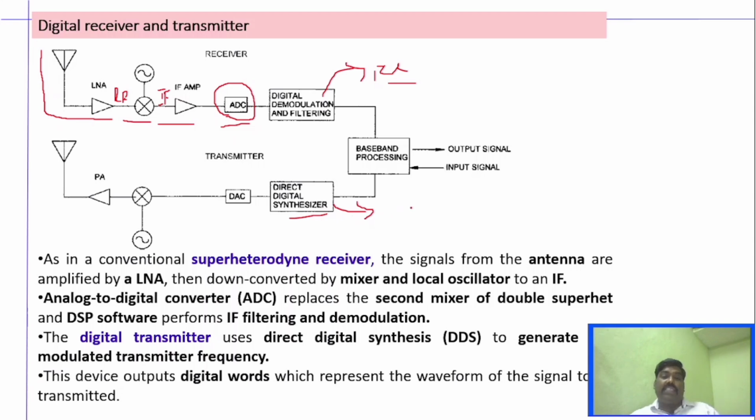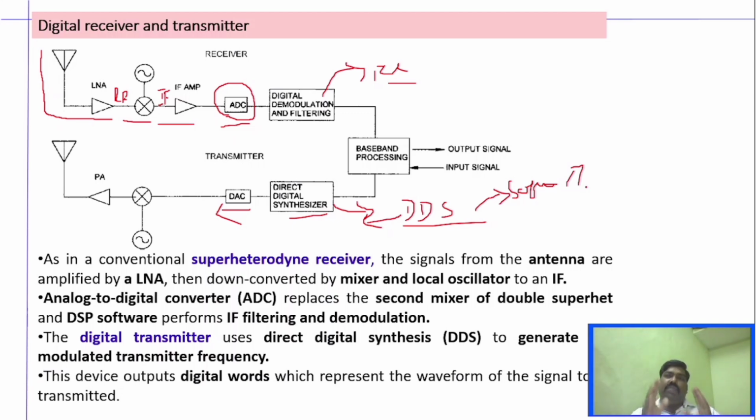This DDS will convert the signal to digital words, and those digital words will be converted to an analog signal by using a DAC. The DDS will be implemented using software, so any type of modulation can be used, and the carrier frequency, amplitude, modulation, anything can be changed, right? Very importantly, any modulation can be used without changing the hardware.